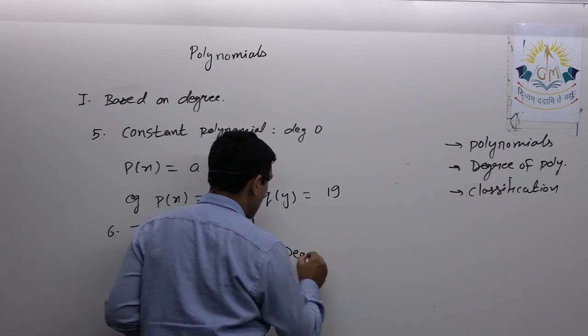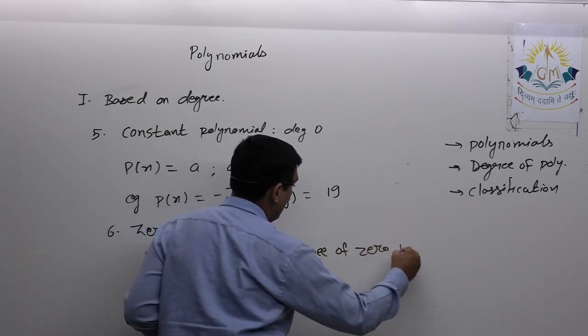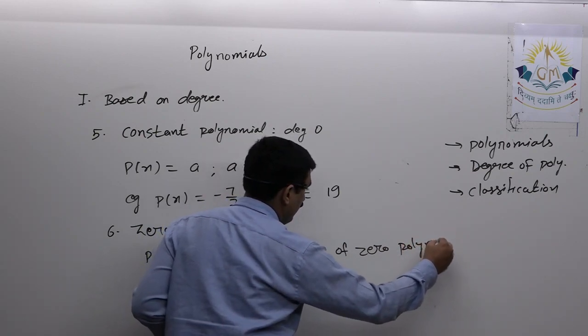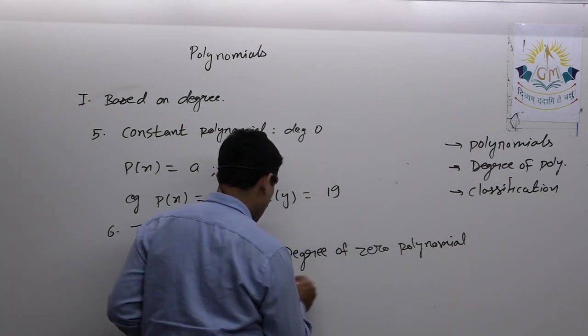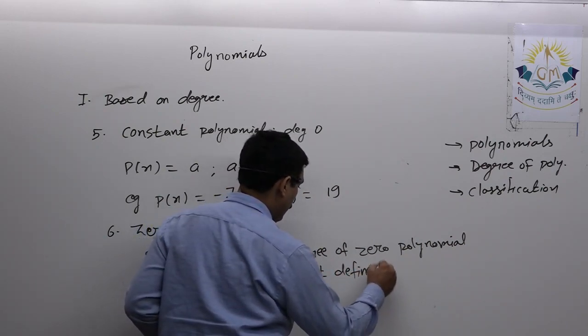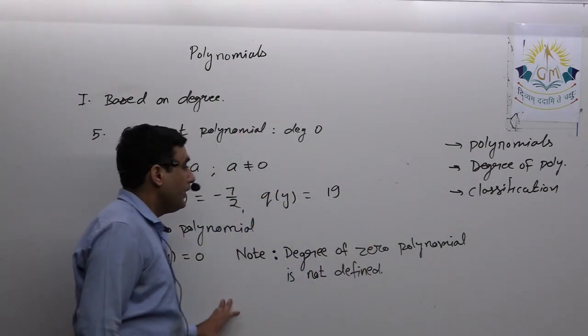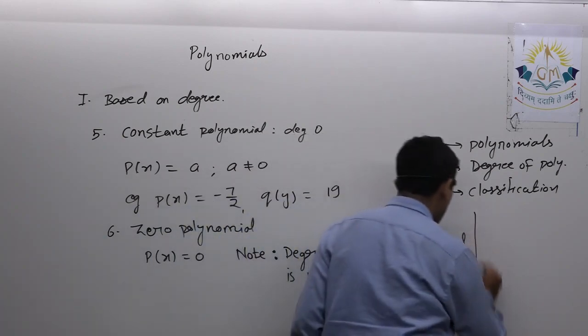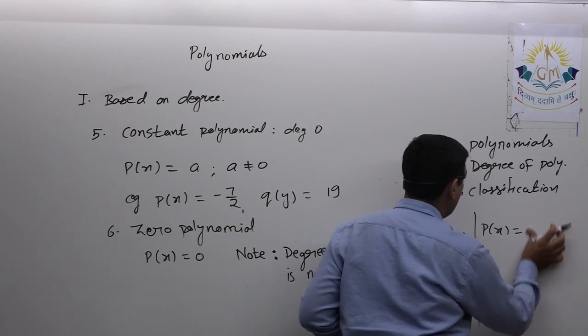First, take this. Degree of 0 polynomial is not defined. Why so? See, here I am writing p(x) is equal to 0.